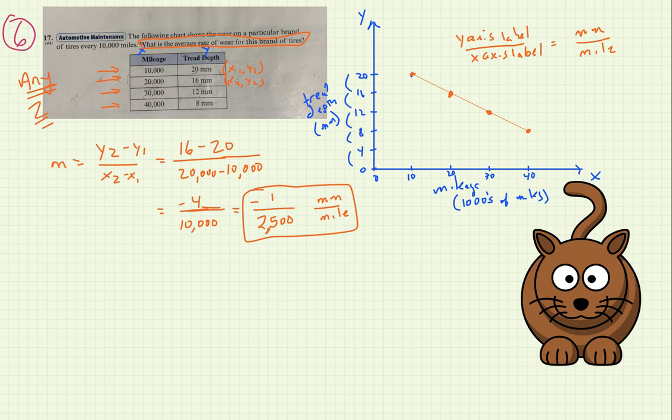That's just cool math. Now, if you wanted to go about writing the equation of this line, what will we do? We just pick a point, pick the easiest one, and just write it out. y minus 20 equals negative 1 over 2,500 times x minus 10,000.